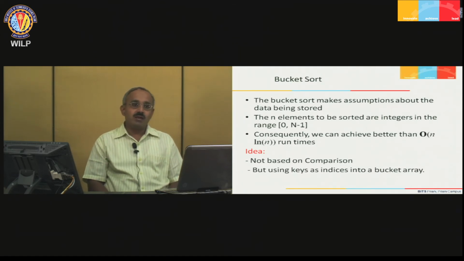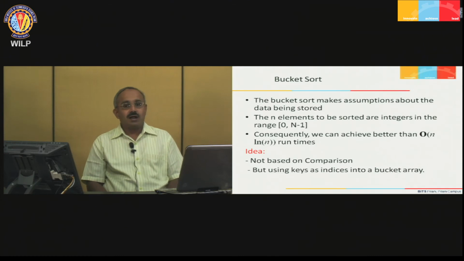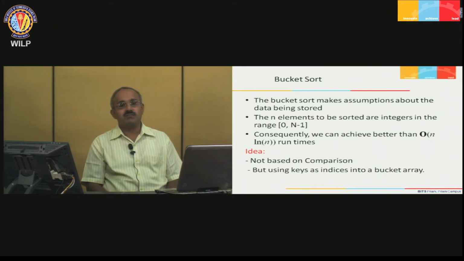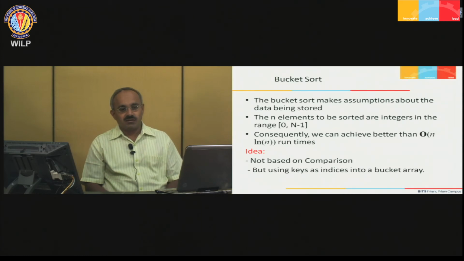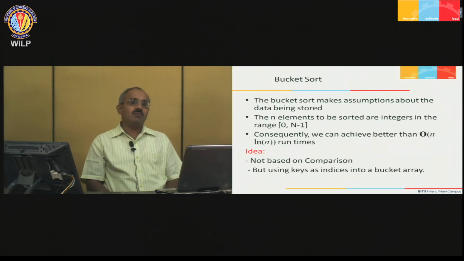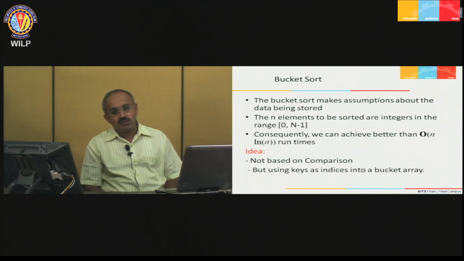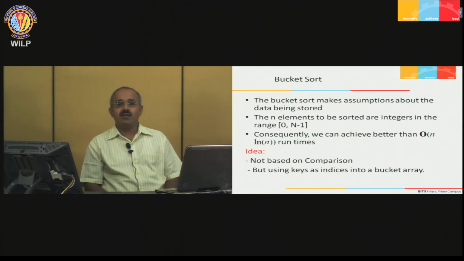For example, we might want to sort 100 numbers between 0 and say 20. It can happen that some numbers are repeated many times, but we know beforehand that all the elements that we want to sort are less than or equal to some fixed number, and that, we will see, can be very effectively used in devising an algorithm which will take time less than n log n.